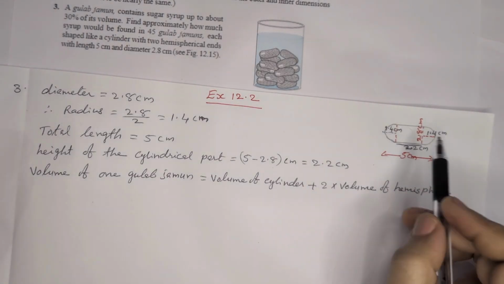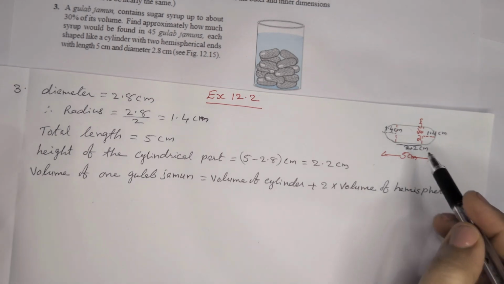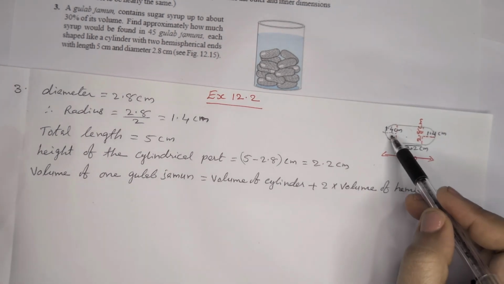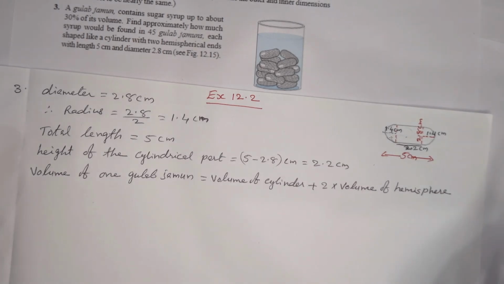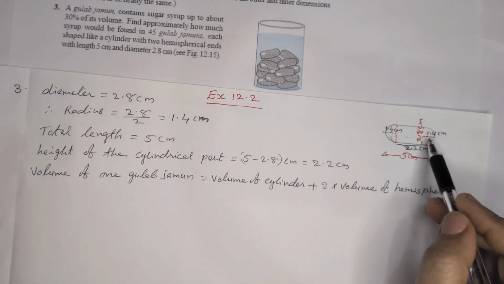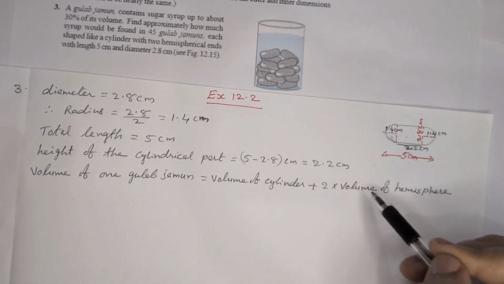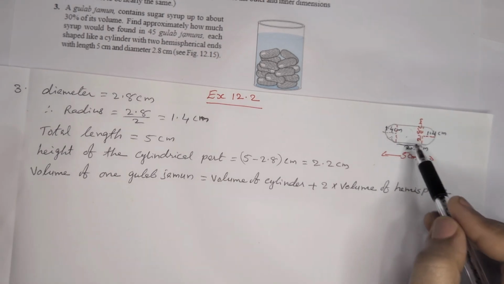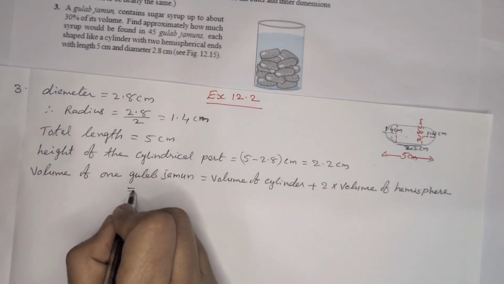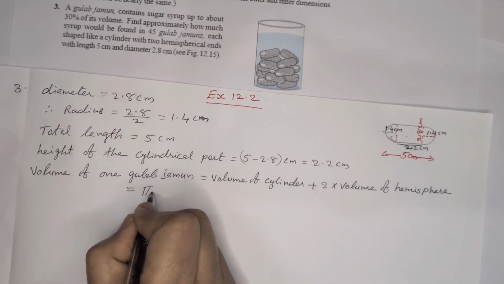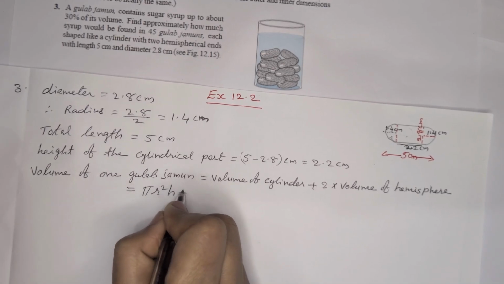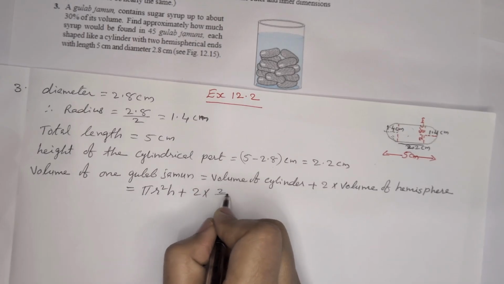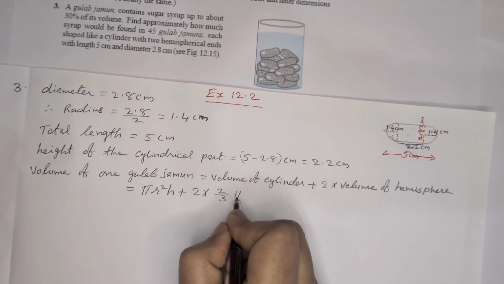Now the volume of one gulab jamun is equal to the volume of the cylinder plus 2 into the volume of the hemisphere. There are 2 hemispheres, one here and another one here. The middle part is a cylindrical form. So the volume of the cylinder is pi r square h, plus 2 into the volume of the hemisphere, that is 2 by 3 pi r cube.